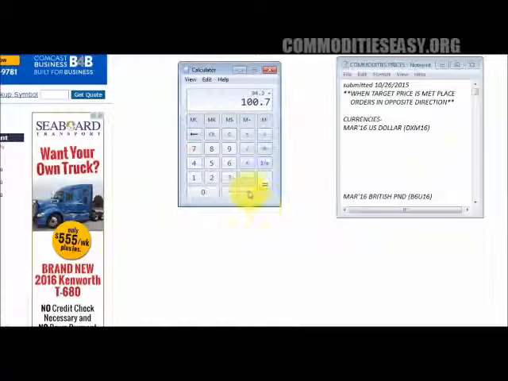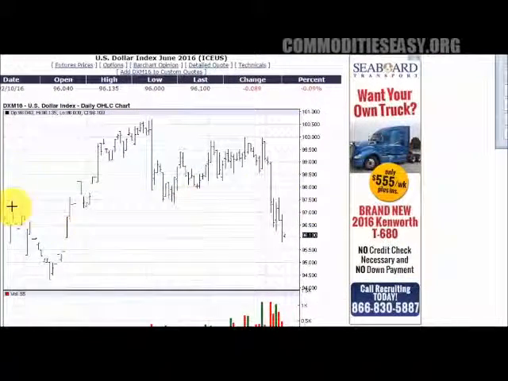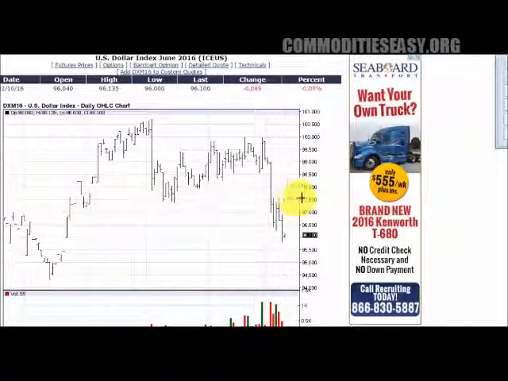We add those two together and divide by 2. That gives us 97.5. This is the 50% retracement right there.